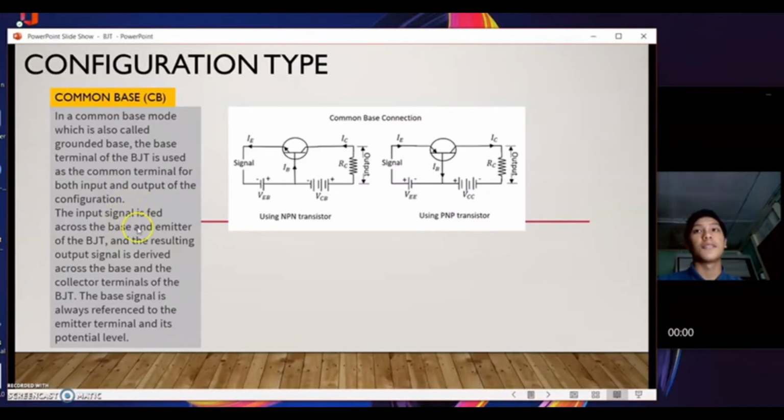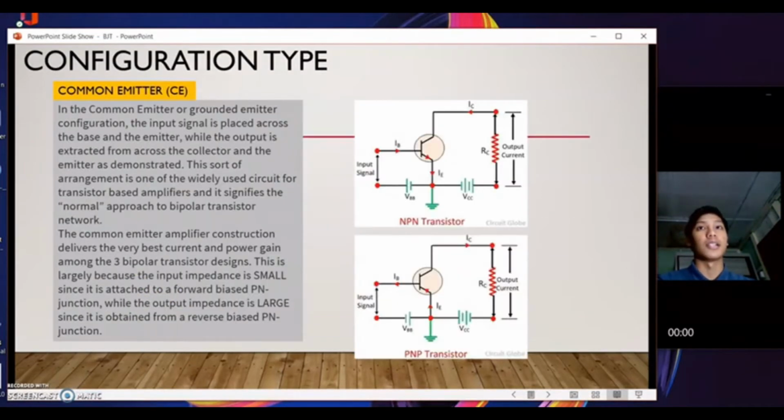The input signal is fed across the base and emitter of the BJT, and the resulting output signal is derived across the base and the collector terminals of the BJT. The base signal is always referenced to the emitter terminal and its potential level.